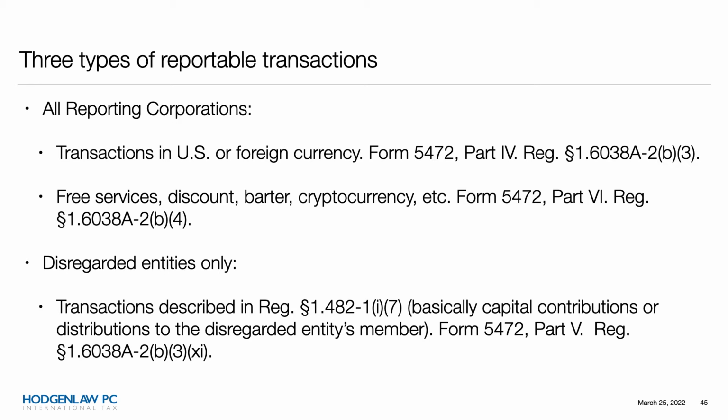So for everybody, namely domestic corporations, foreign corporations, and domestic disregarded entities, we will have transactions in U.S. or foreign currency, and we will have things that are not in U.S. or foreign currency but are for free or at a discount, or they're barter or they're cryptocurrency or stuff like that. And those two are transactions you'll see when we come to it that hit the income statement.